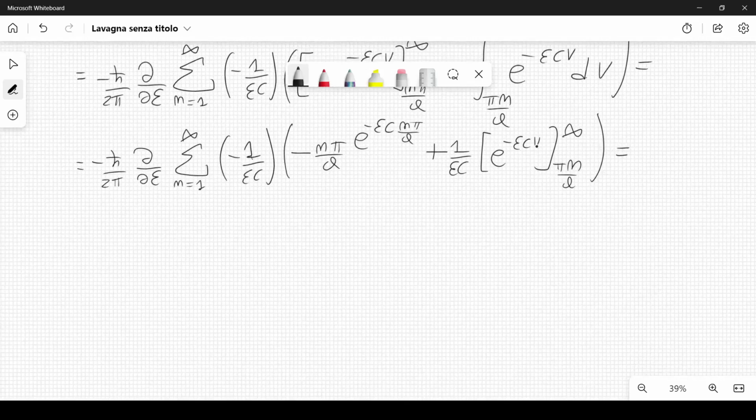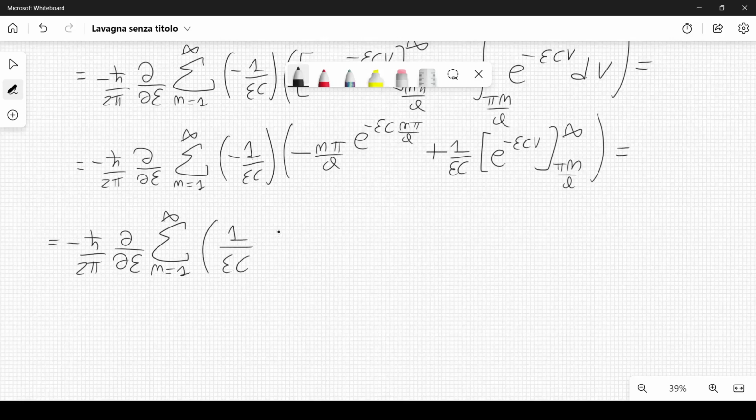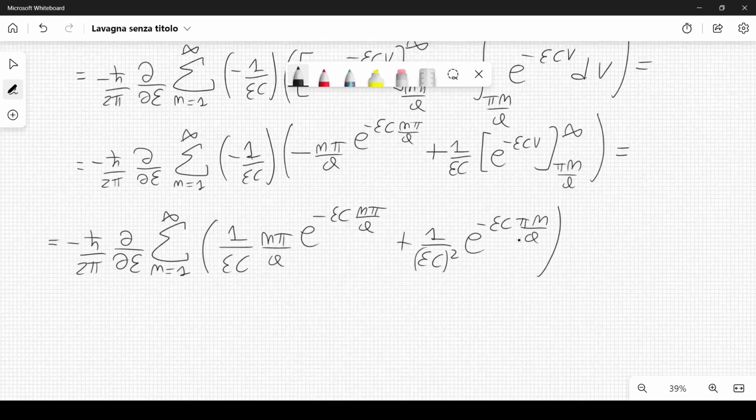Now we can rewrite this as minus h bar over 2 pi d over d epsilon summation over n from 1 to infinity, and then we have 1 over epsilon c n pi over a e to the minus epsilon c n pi over a plus 1 over epsilon c squared, and then we are left with e to the minus epsilon c pi n over a, like this.